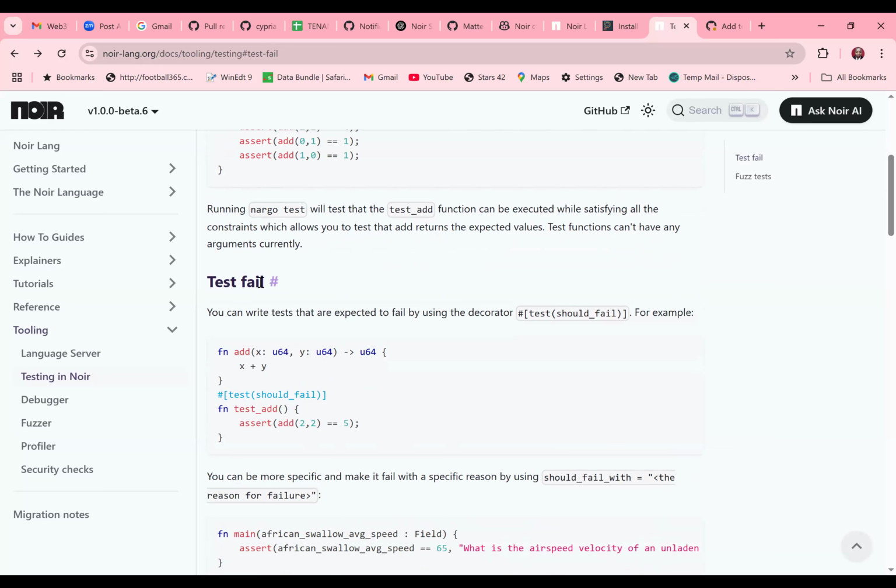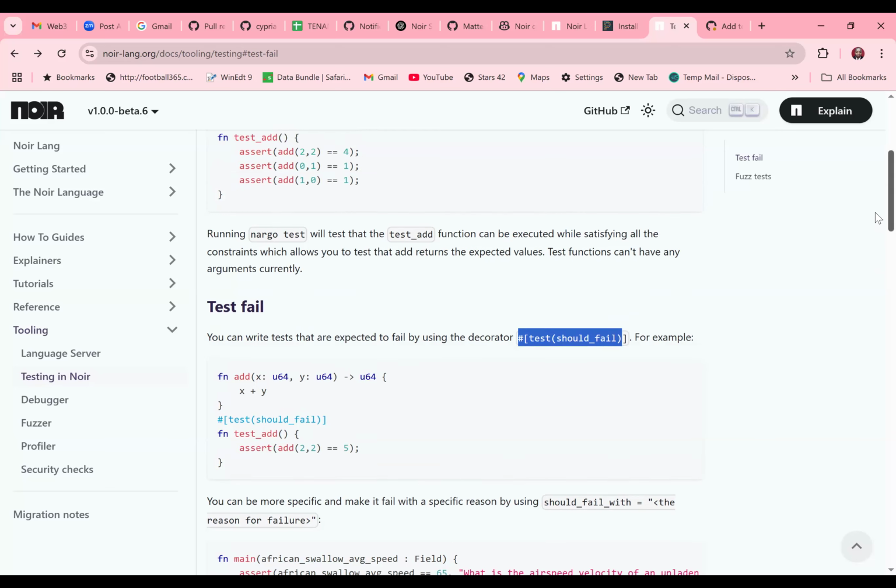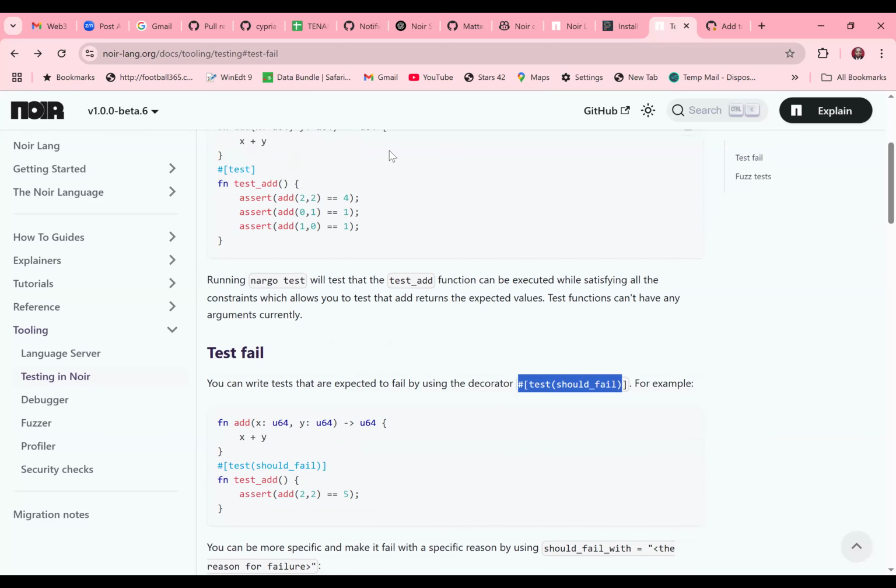What about if the test is bound to fail? If the test is expected to fail, you show it by using this. Let me compare with what we saw in the test that passes.